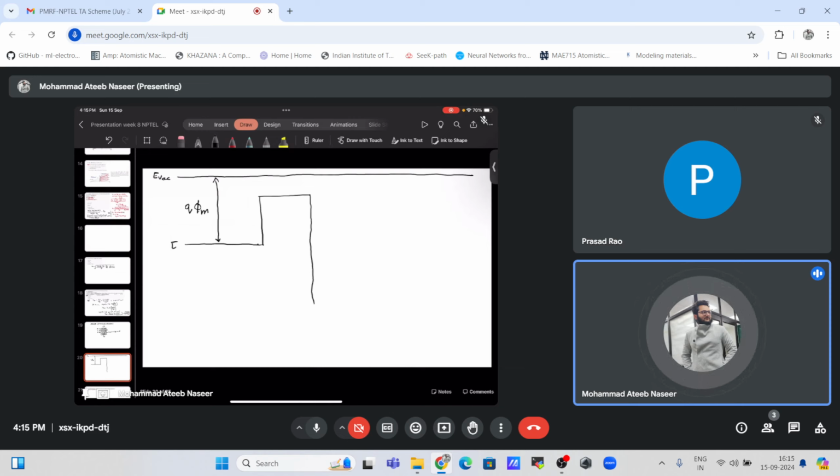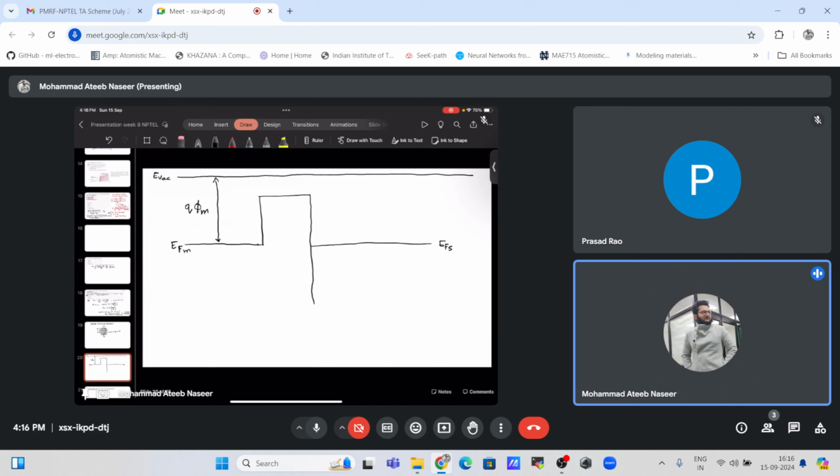This is the Fermi level. The Fermi level has to be constant throughout, and since we are considering this to be ideal with phi m equal to phi s, we can say that this is the Fermi level of the semiconductor. We are considering an ideal case.